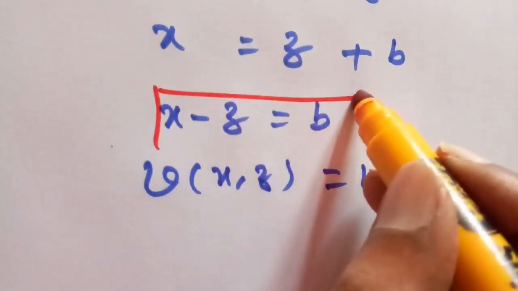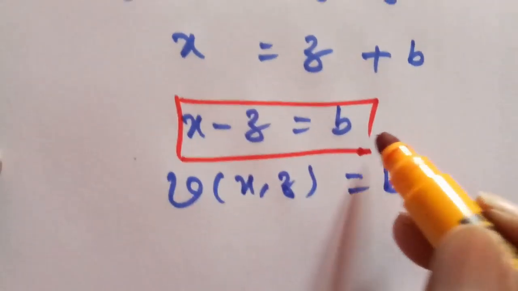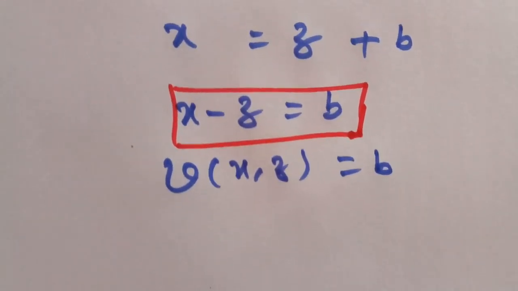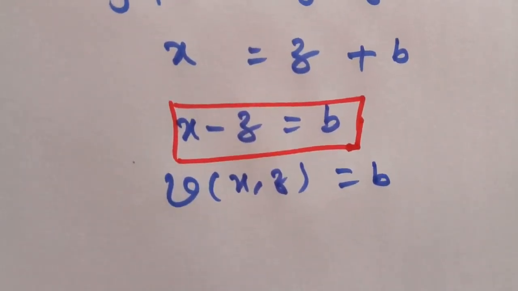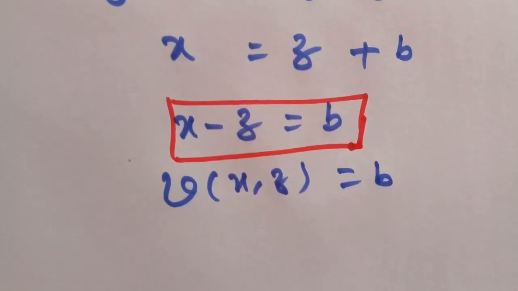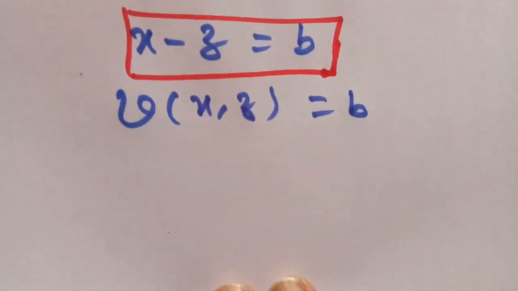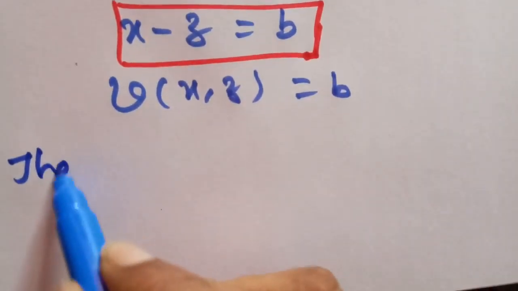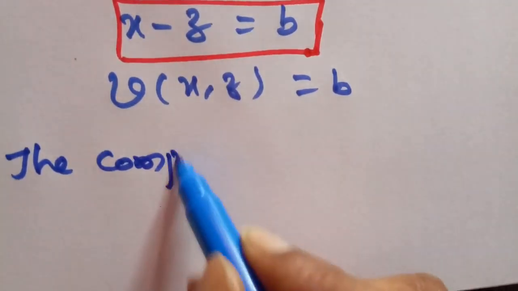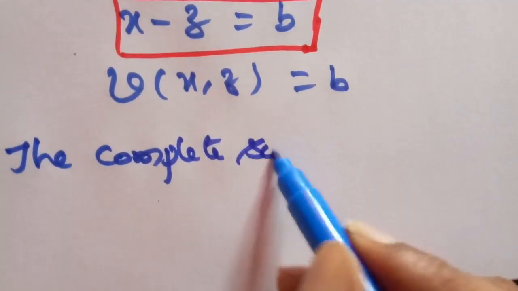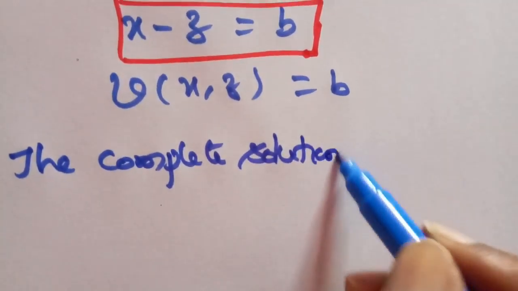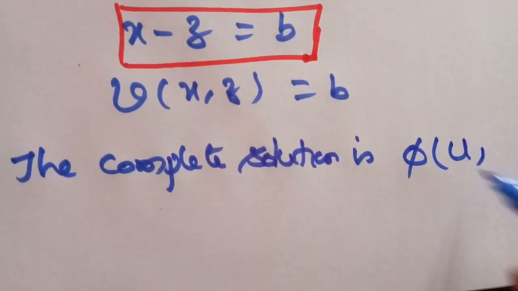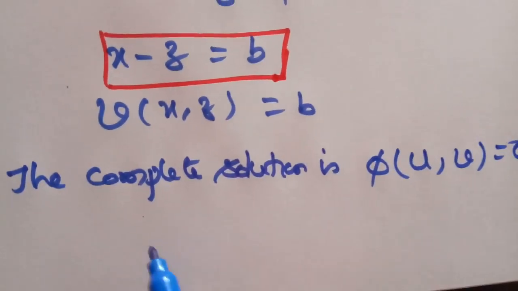Therefore, the solution of the Lagrange's linear differential equation is phi of u comma v equal to 0, or u is equal to f of v. Therefore, the complete solution is phi of u comma v is equal to 0.